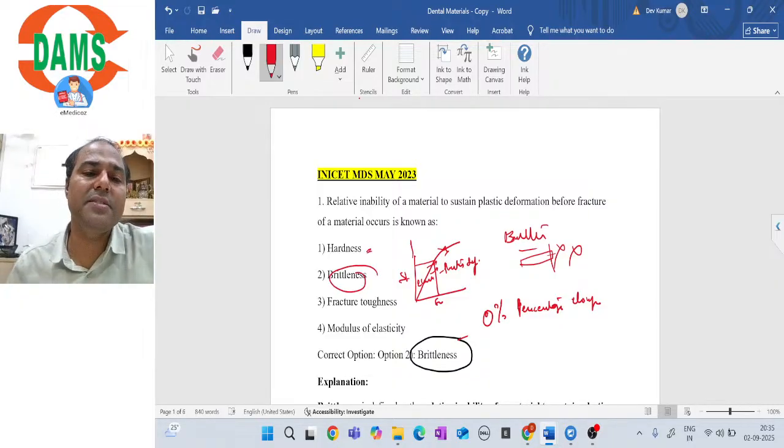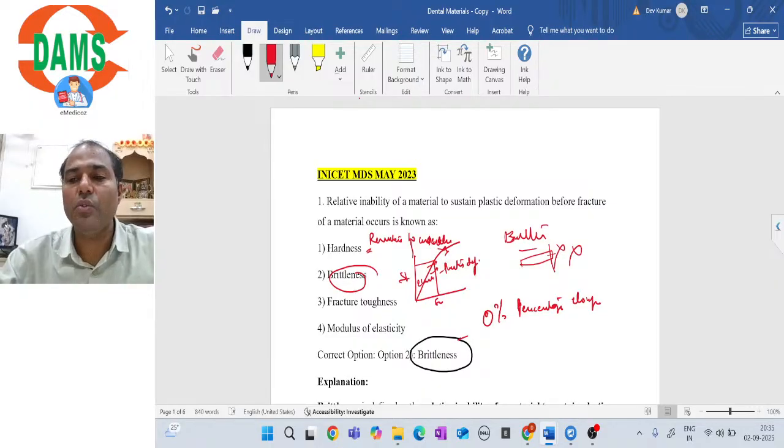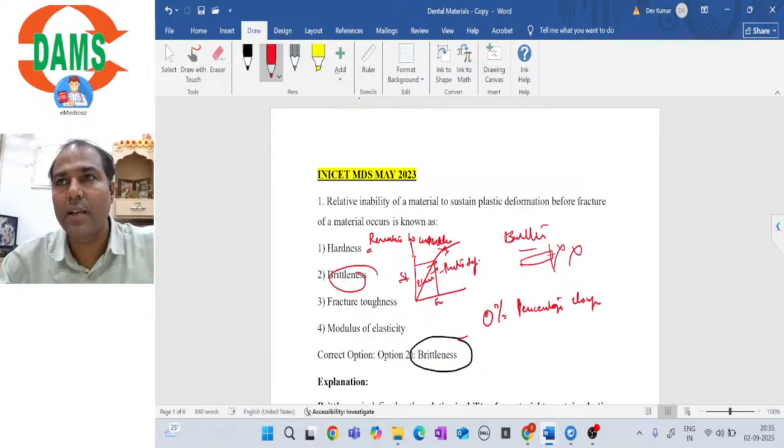Hardness is how hard the material is, or the resistance to indentation. Okay, resistance to indentation. ठीक है.